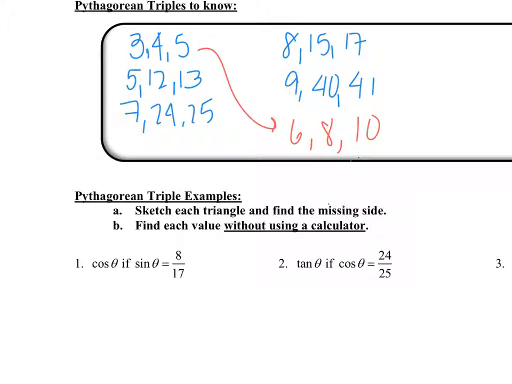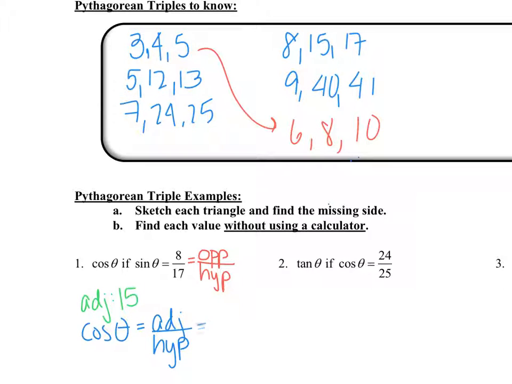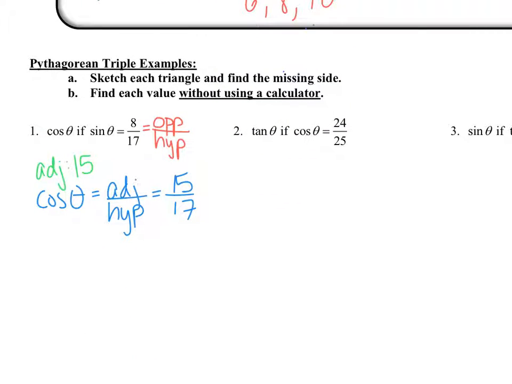So if I was working with this first example, sine, remember, is opposite over hypotenuse. Then adjacent is going to be 15 due to the fact that this is a Pythagorean triple. And then cosine is the ratio of adjacent over hypotenuse, so we get 15 over 17.